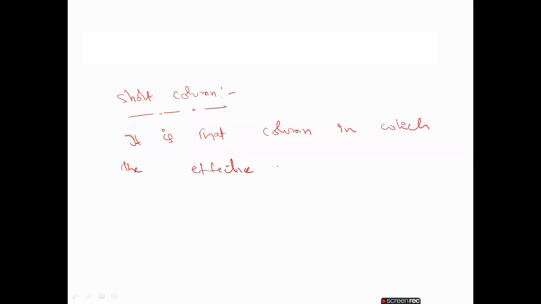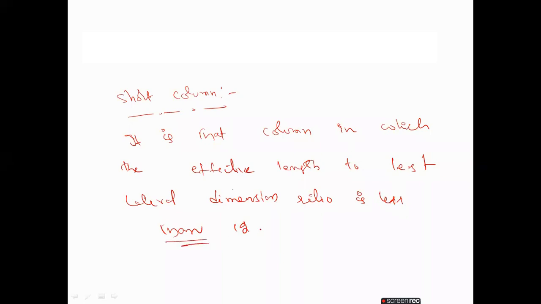Now coming to the short column definition, I will write it again here. It is the column in which the effective length to least lateral dimension ratio is less than 12.